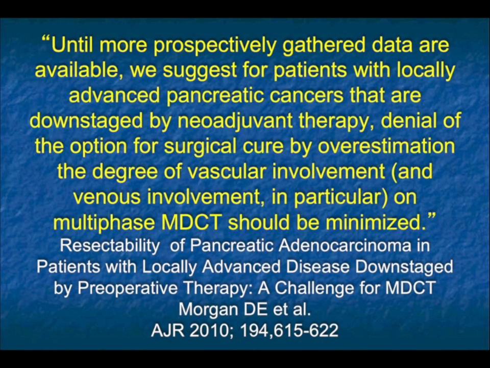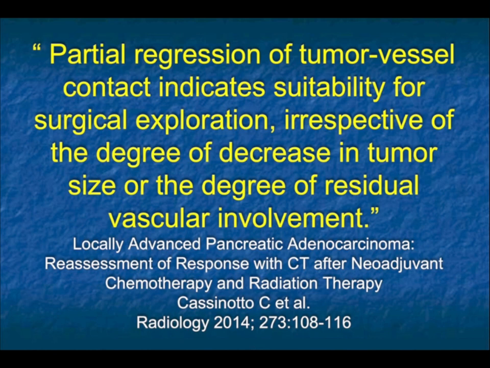And this article does make the point, denial of the option for surgical cure by overestimation of the degree of vascular involvement, including venous involvement, particularly venous involvement, should be minimized. Very, very important. This article by Cassano, partial regression of tumor vessel contact indicates suitability for surgical exploration, irrespective of the degree of decrease in tumor size or the degree of residual vascular involvement.